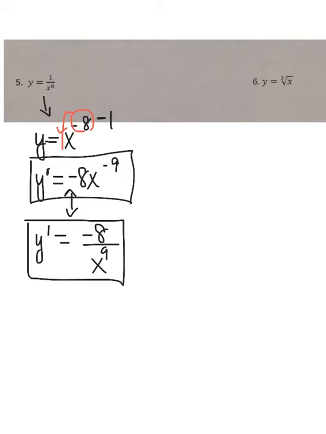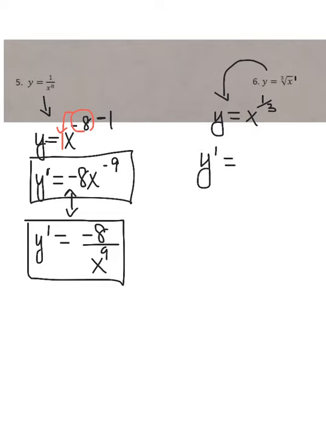All right, so let's go to number 6, because remember I said I don't like radicals. So do you remember something called power over root? I hope so. So the power is what this x is being raised to. Well, there isn't a power with it, so remember we associate that with a 1. So another way then to write y would be power over root. Okay, because that's the cube root. Now let's go ahead and take the derivative.